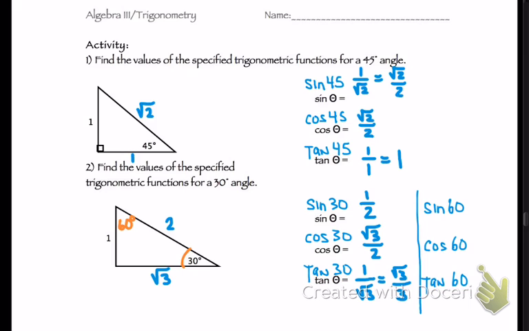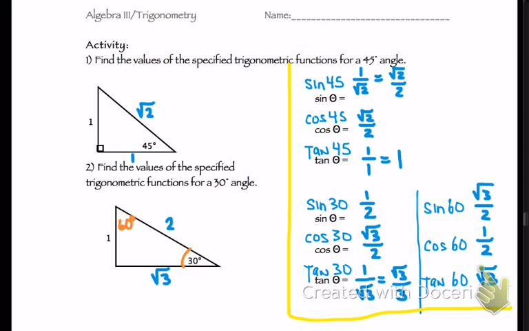Okay, now let's do in terms of 60 degrees. Sine is opposite over hypotenuse, so I should get root 3 over 2. Cosine is now adjacent over hypotenuse. Tangent is opposite over adjacent, and I get root 3. Okay, we're going to talk about these values in class today, or tomorrow, whenever I see you.